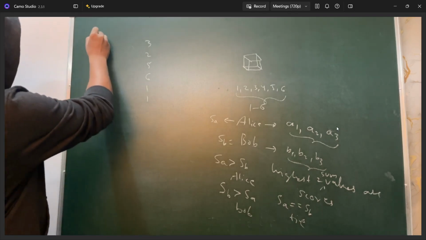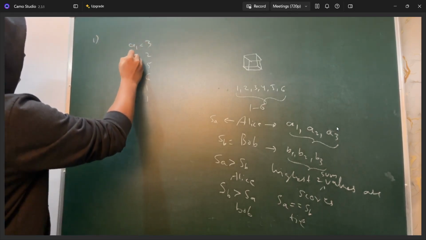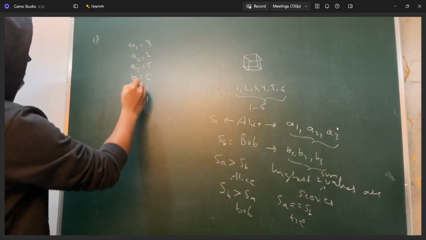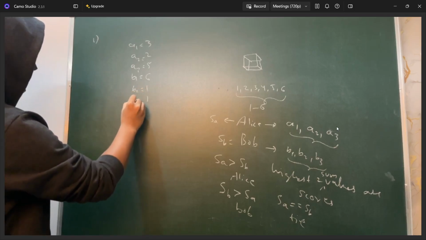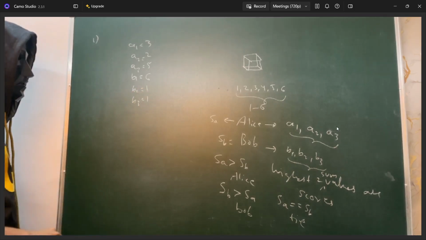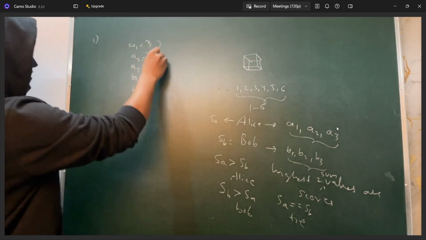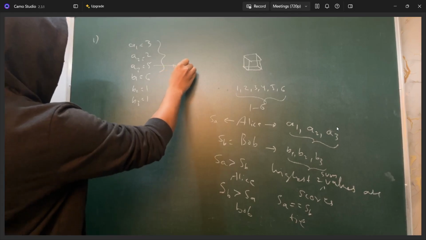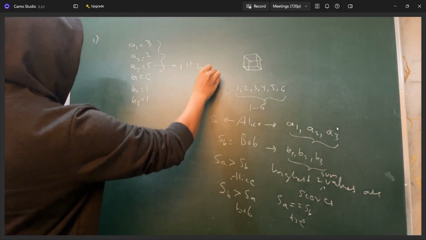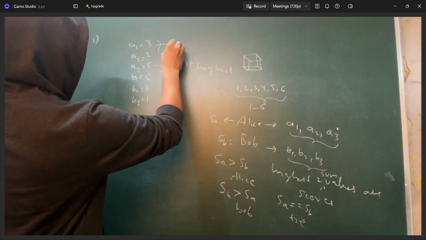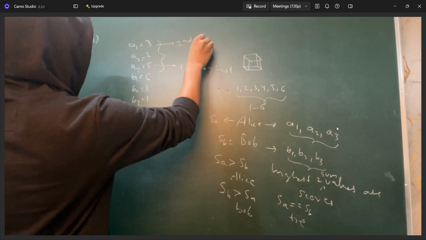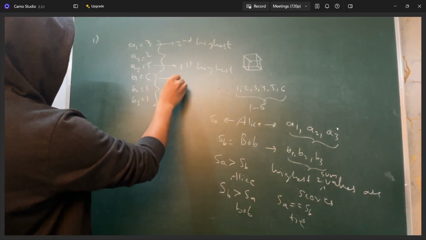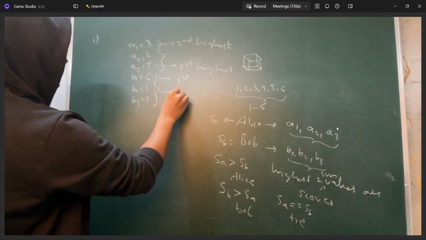So in the first example, they have given Alice's scores, then Bob's score for the first time, Bob's score for the second time, and this is for the third time. Among these three, the two highest: this is the first highest, and this is the second highest. In the same way, in Bob's case, this is the first highest, and this is the second highest.